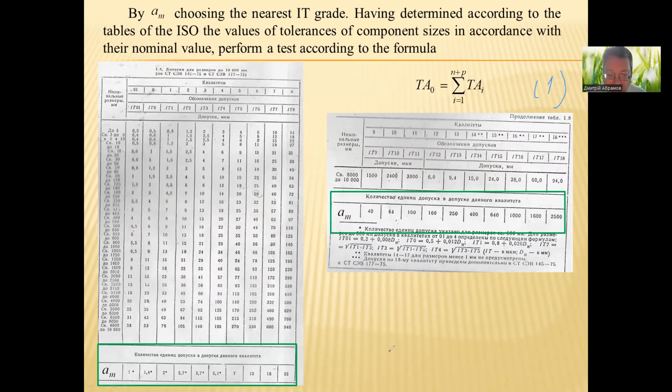So 69 is between 64 and 100. We can choose IT10 or IT11, IT grade.